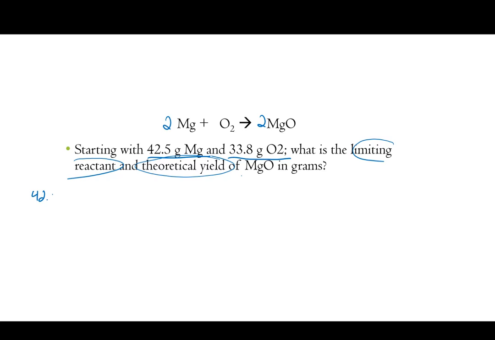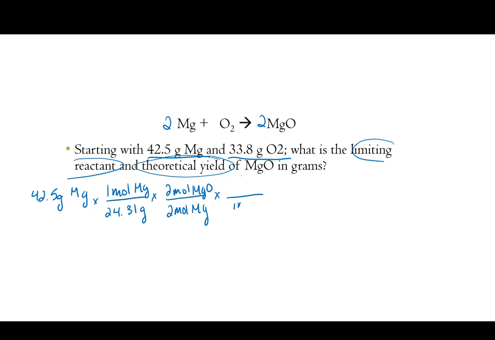So same thing, 42.5 grams magnesium, 24.31 grams in 1 mole, 2 mole magnesium, 2 mole magnesium oxide, 1 mole magnesium oxide has a mass of 40.31 grams. So if I use up all of my magnesium, I will make 70.5 grams of magnesium oxide.